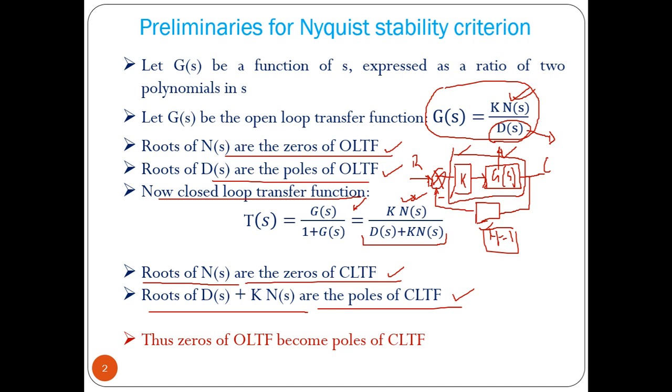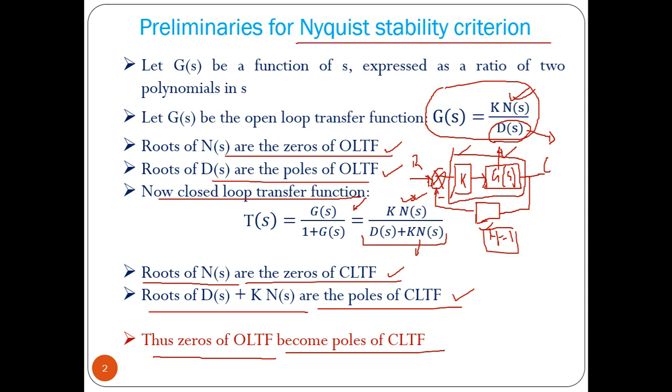That means the zeros of the open loop transfer function become poles of the closed loop transfer function. Now this is the concept that we have to use in the Nyquist stability criterion.